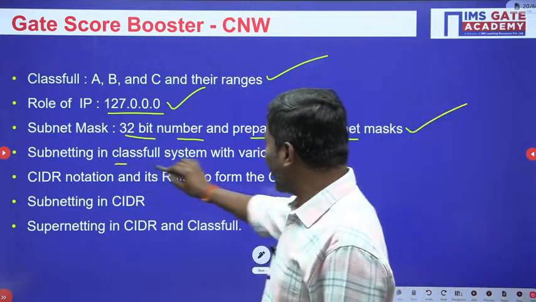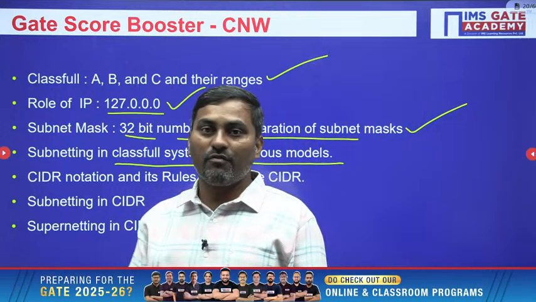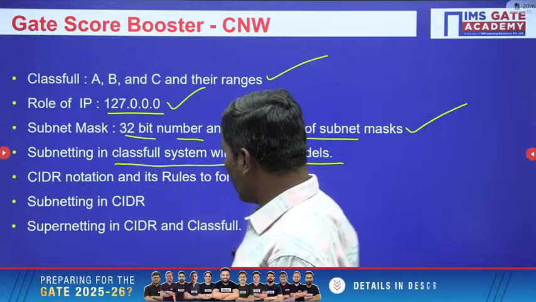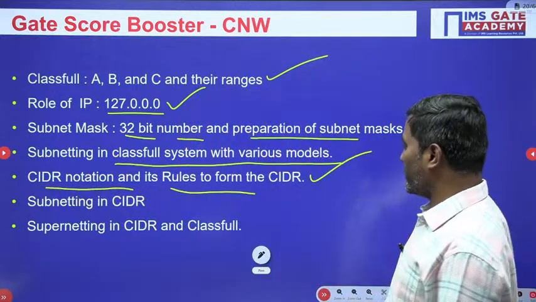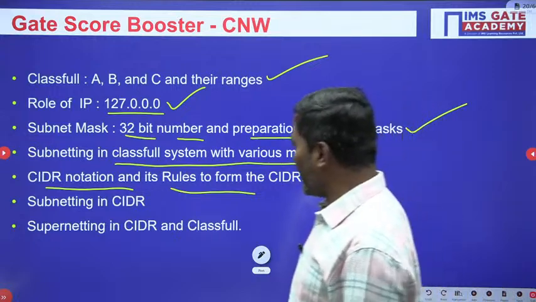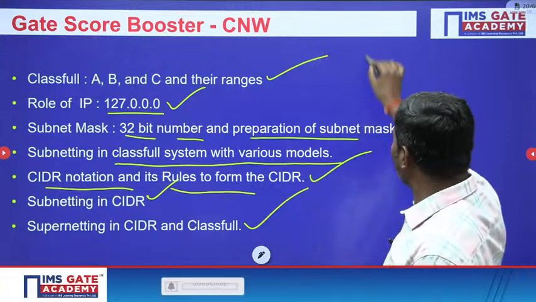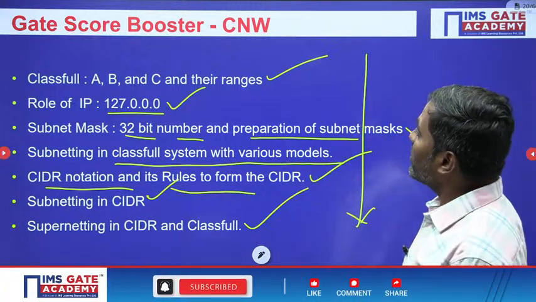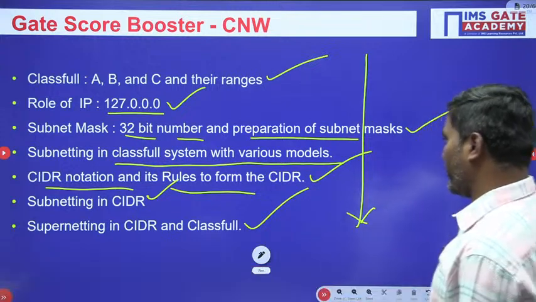Subnetting in the classful system has various models, fixed pattern as well as variable patterns. CIDR notation and the rules to form a CIDR representation, subnetting in CIDR, supernetting in CIDR, as well as class 4. These are the things that need to be revised well from this chapter.